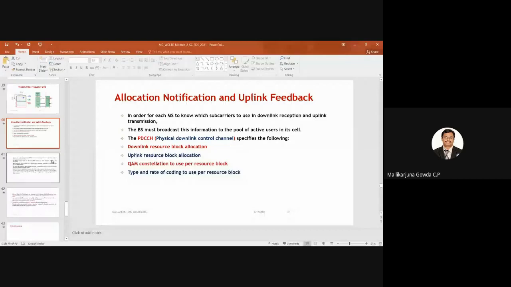So I said the PDCCH, that is the physical downlink control channel, will be carrying information about what? Downlink resource block allocation, uplink resource block allocation, QAM constellation to use per resource block, and similarly the type and rate of coding to use per resource block.